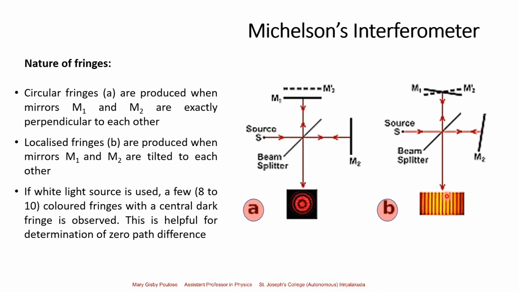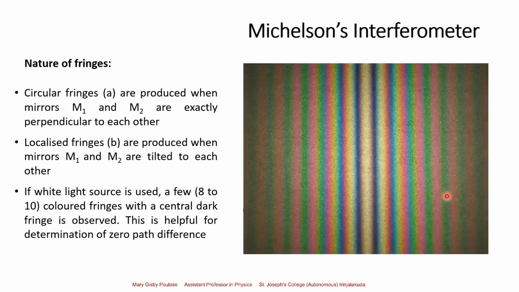Here I've written just 8 to 10 colored fringes. That is a very small number of fringes with a central dark fringe. This is helpful if we need to determine the exact position of zero path difference. And the fringe pattern will be in this nature.